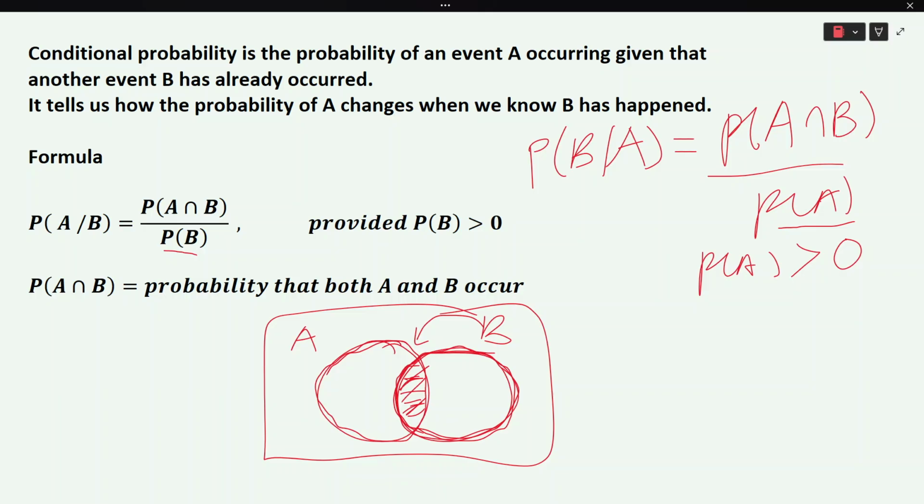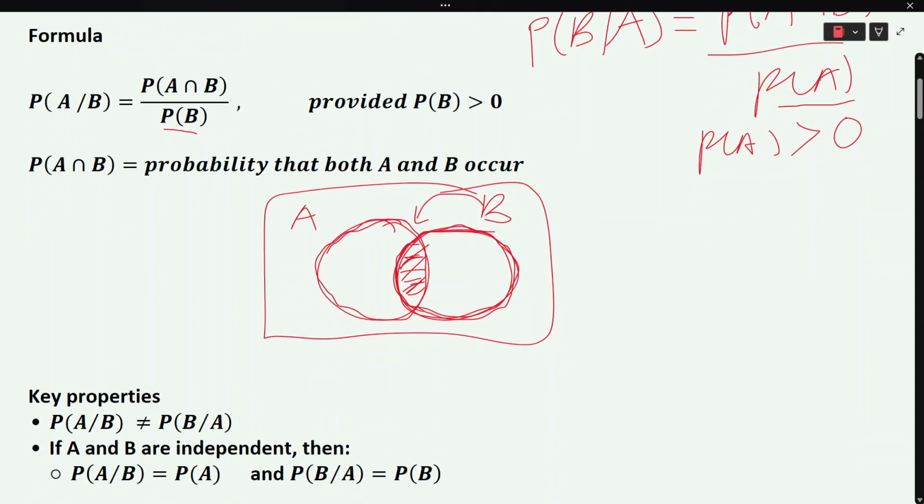That's the whole idea about conditional probability.